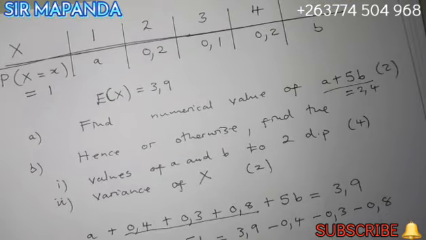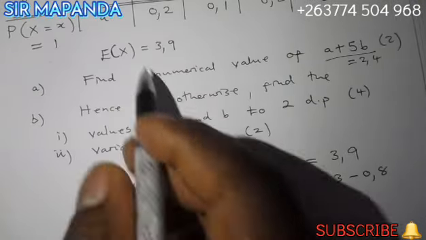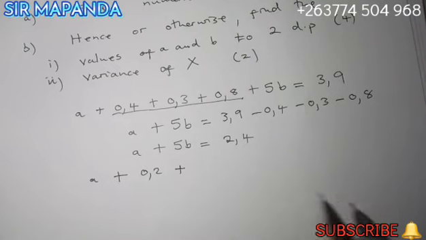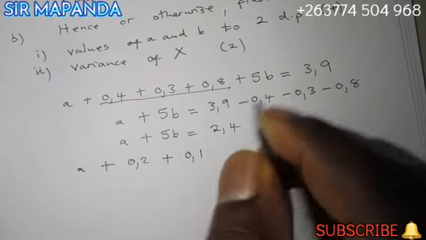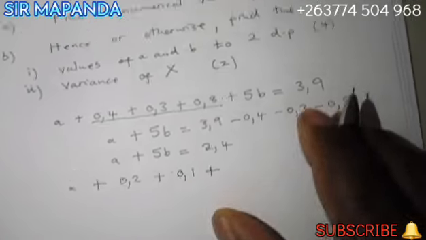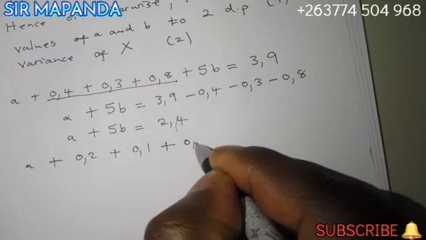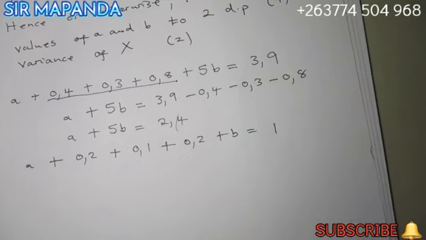So it means a, the first probability here, plus 0.2, right, plus 0.1, plus 0.2 plus b again. They must give you a sum of 1.